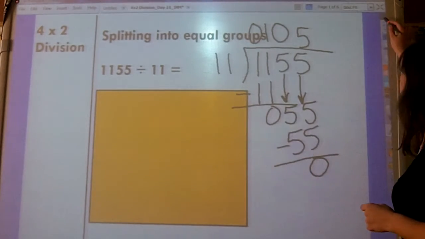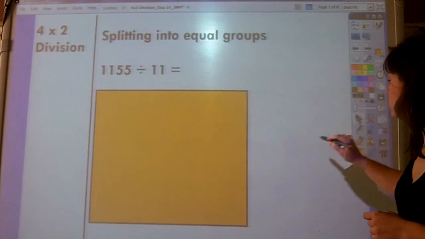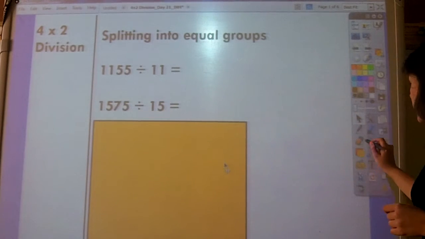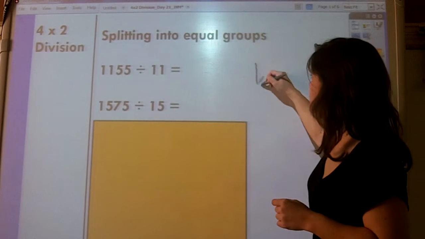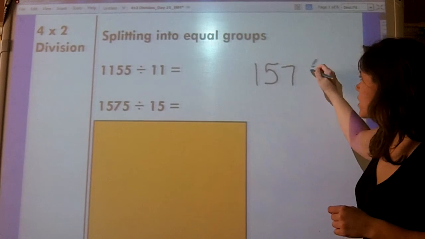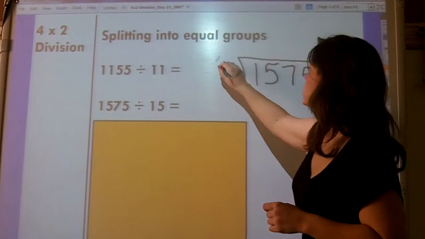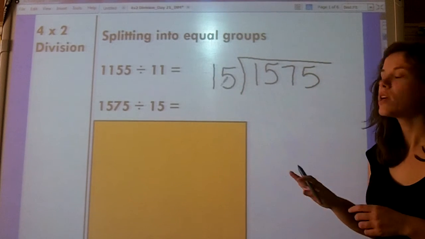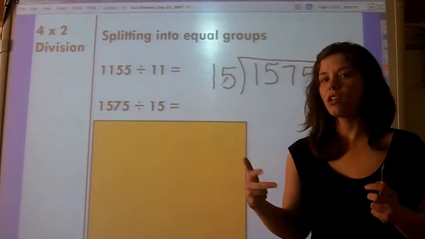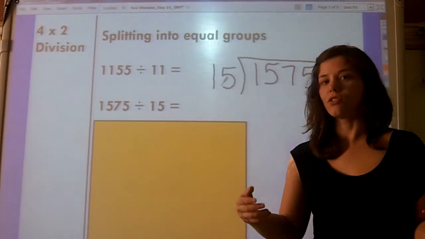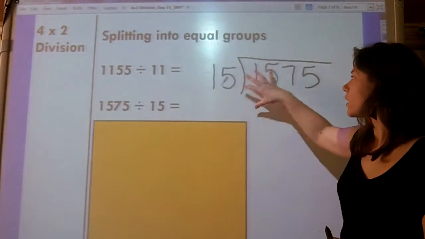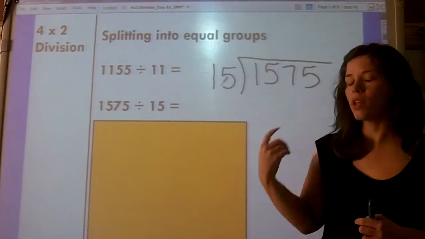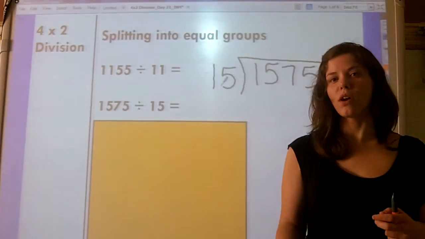Let's try another one. In this problem, I'm now counting by 15s to see how many times it'll go into 1,575. I'm not very good at counting by 15s, and my guess is you're not either. So before I get started with the division, I'd like to list out the multiples of my divisor.